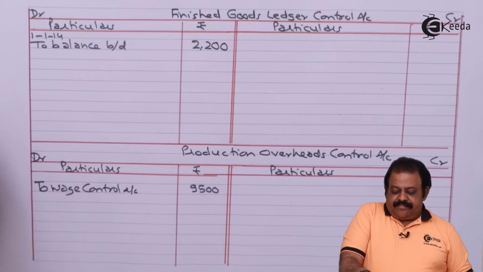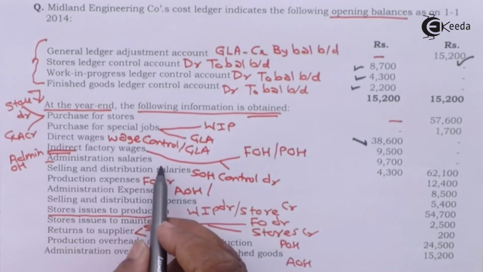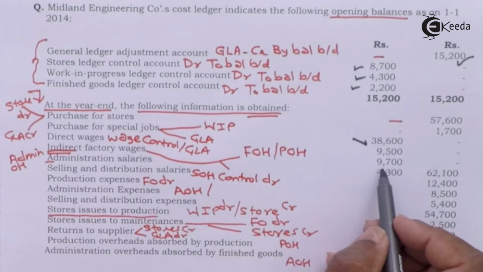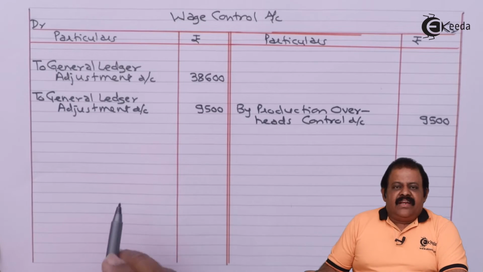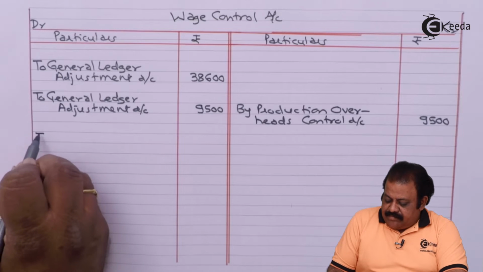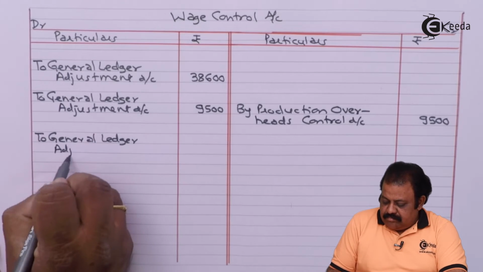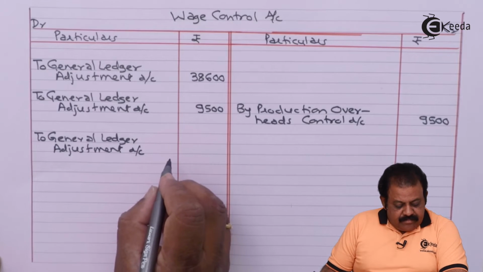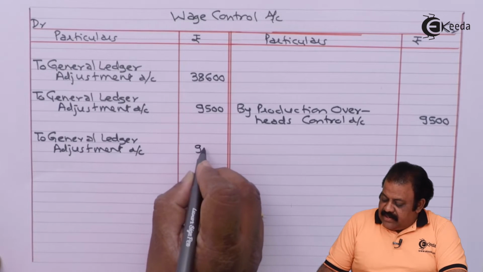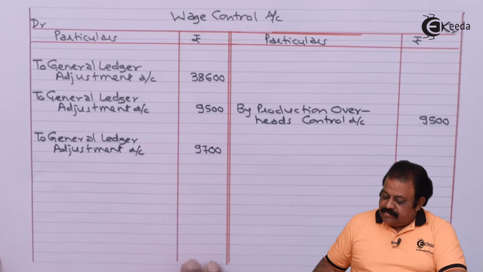Administration salaries 9,700. This will be recorded in wage control account on debit side to general ledger adjustment account. Admin salary is 9,700.